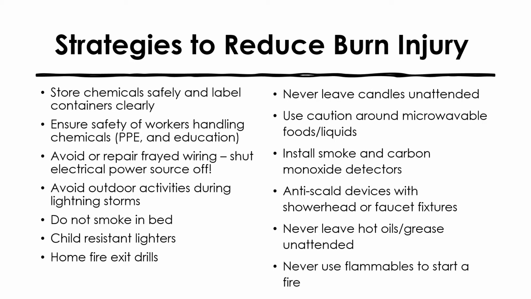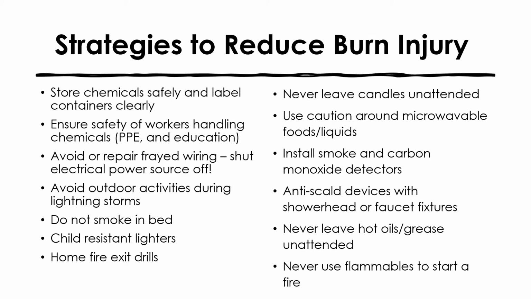And just to go over quickly, just some strategies to reduce burn injuries, okay? So these are kind of everyday things that we always need to keep in mind, especially thinking about children too. So storing chemicals safely, labeling containers clearly. We want to always ensure safety of really workers who work in fields that have a higher risk for burn injury.